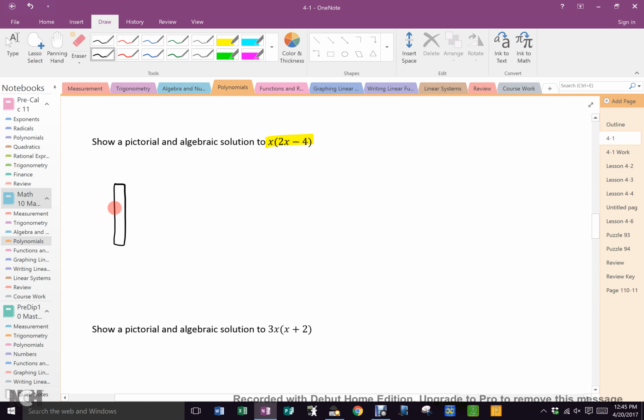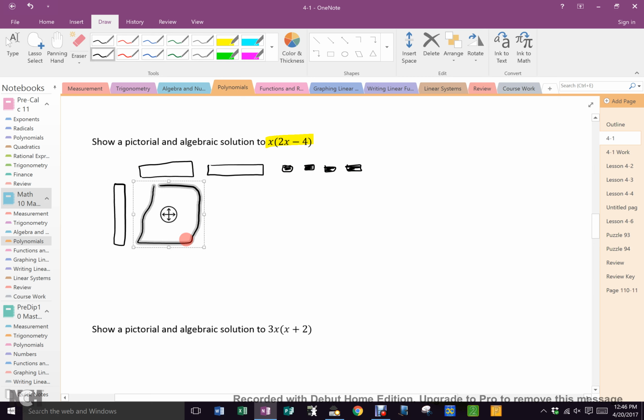What do I have on the other side of the box? 2 x's. 1, 2, and then I have -4. So I color in 4 of these little guys. Right? What's going to happen here? This x is going to stretch out, isn't it?